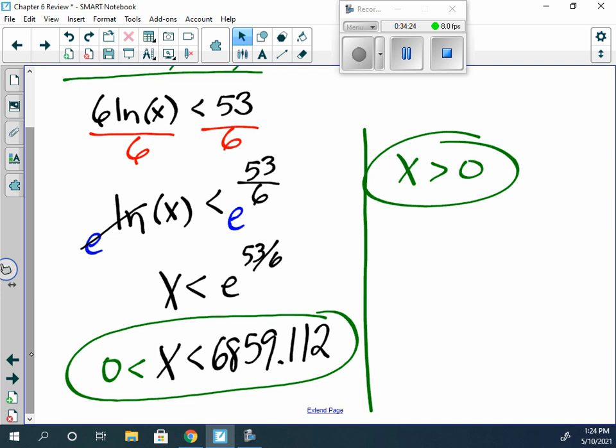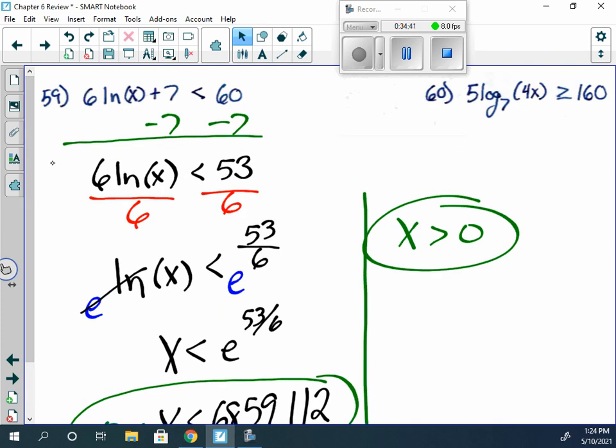Any questions on these here? Are we good with this one here? Any questions on 60?